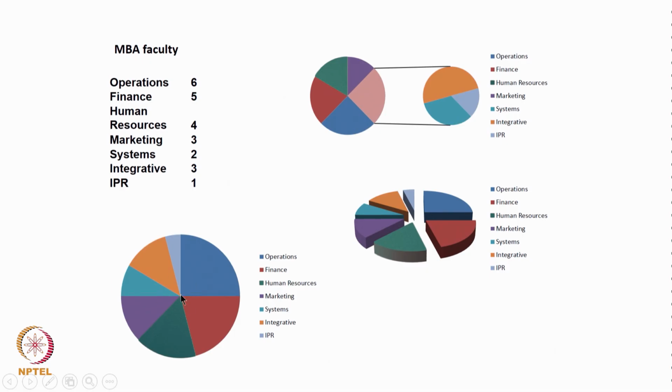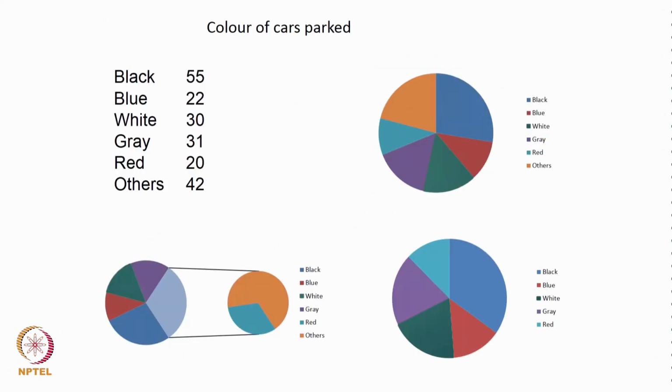You will also realize that the same 25% that was here is actually here. And now you see the last 3 smaller ones are aggregated into one, which is further expanded to show that within the last 6, 50% is here, the other ones are here. So, these are different ways of representing the pie chart.